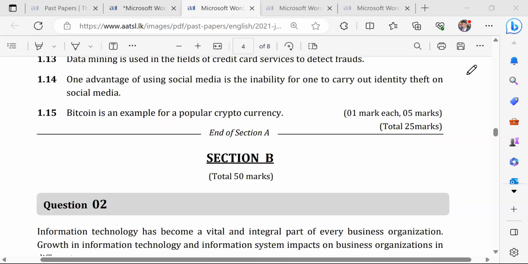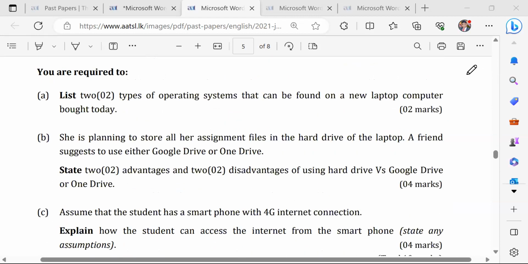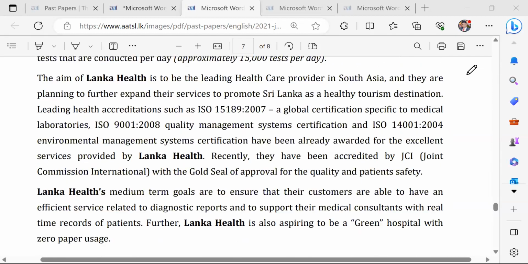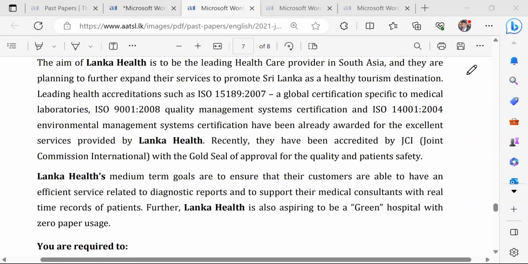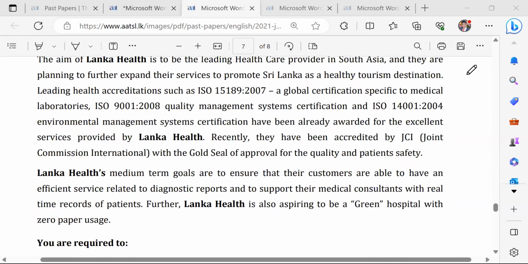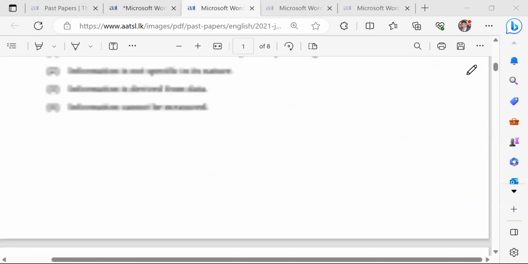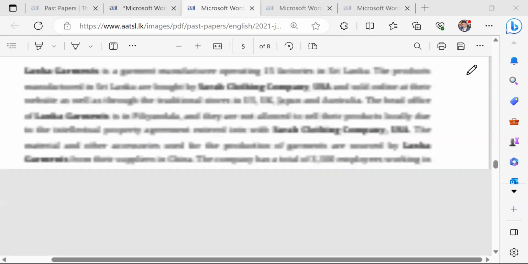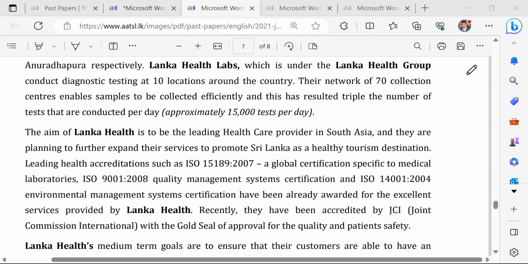Previously also it asked, what are the IT strategies of this particular company, right? So they are going zero paper. If it is zero paper, we can't really say that is zero paper, but we can minimize the usage of papers.